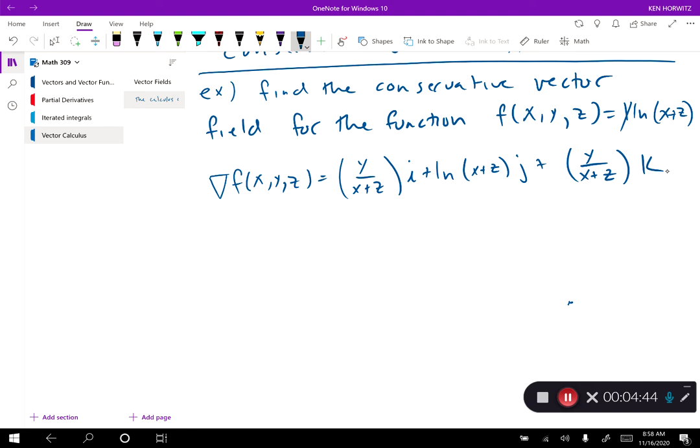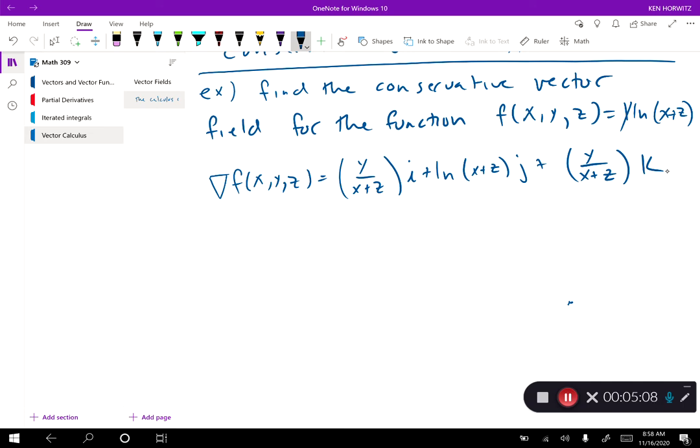So this is the gradient. If you have any trouble with the gradient or need some reinforcement, go back to the video dealing with gradient. This is a very straightforward question: instead of saying find the gradient, I could say find the conservative vector field, and you would know that you are finding the gradient.